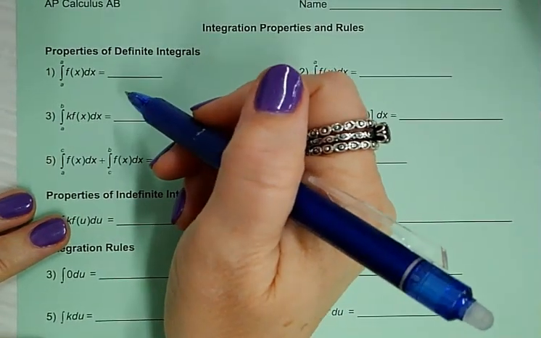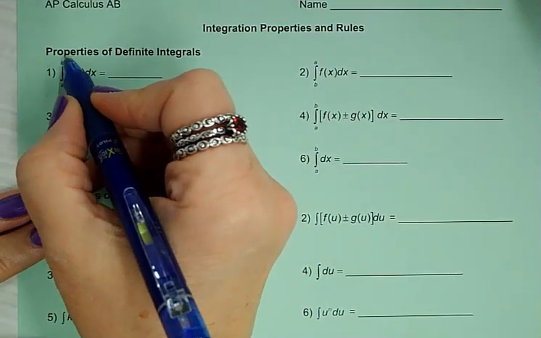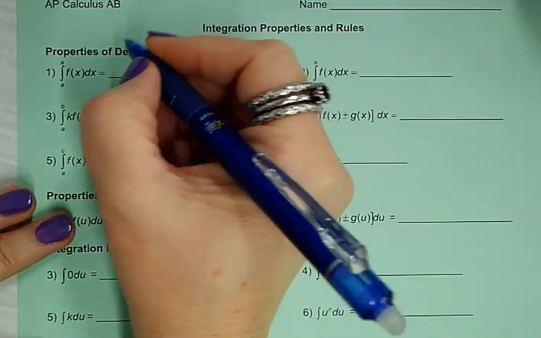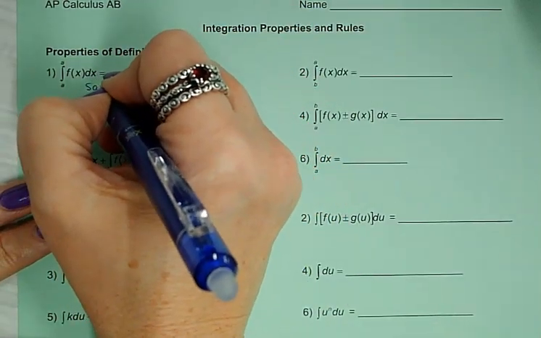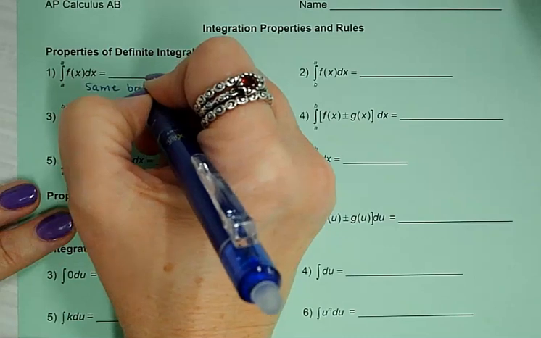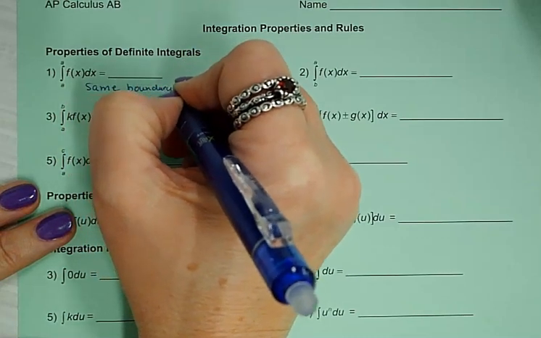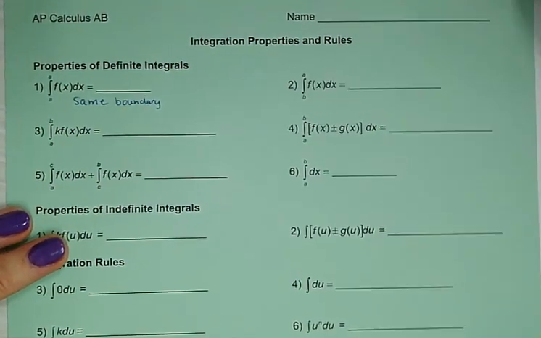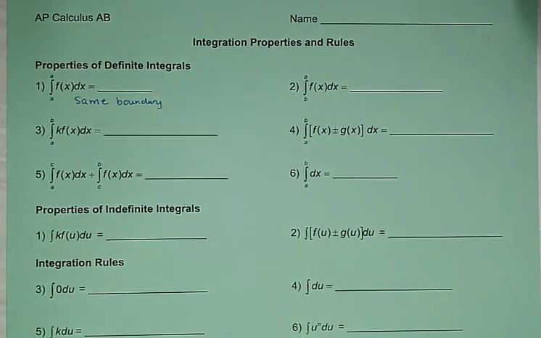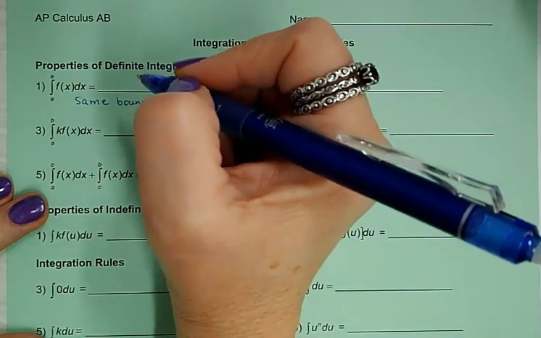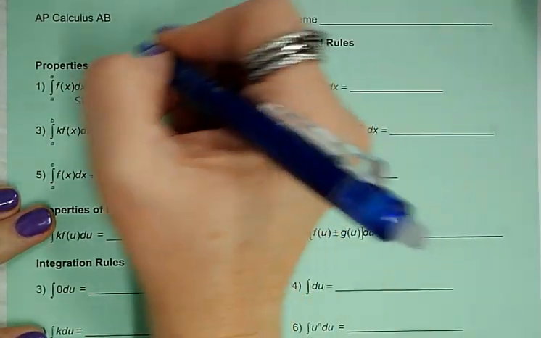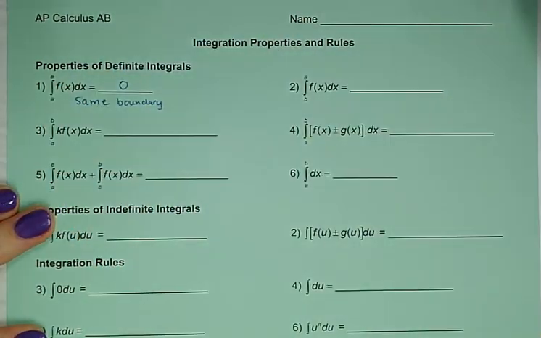In the first one, notice that the A and the B boundary are the same thing, so they have the same boundary. We're learning properties here to help us simplify those kinds of calculations we were just talking about. So when they have the same boundary, then there is 0 of that area.